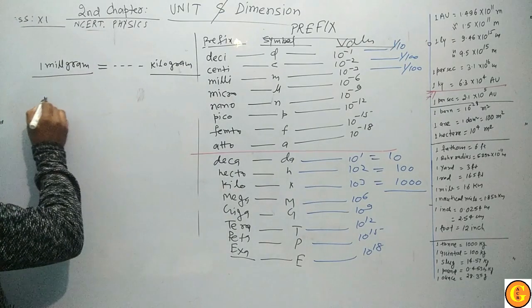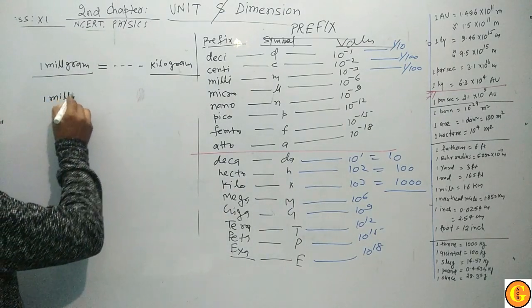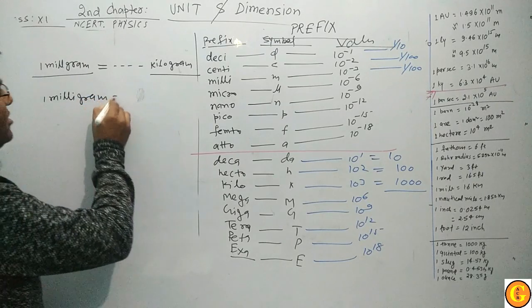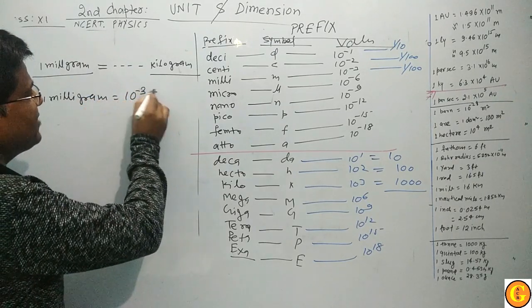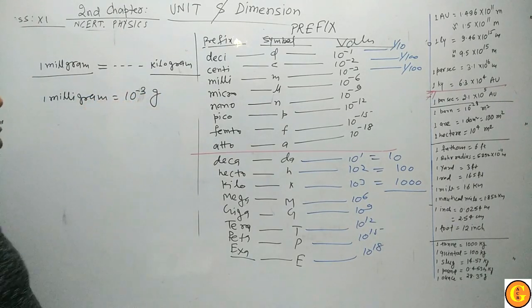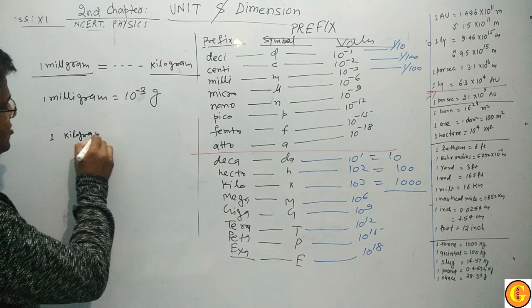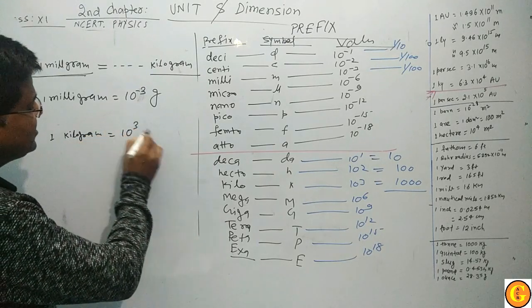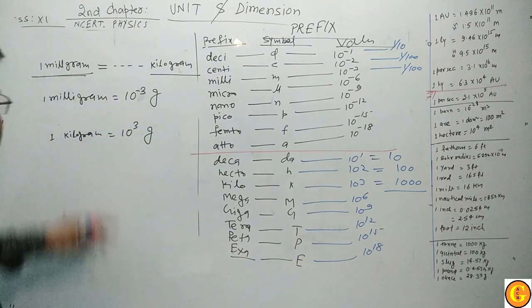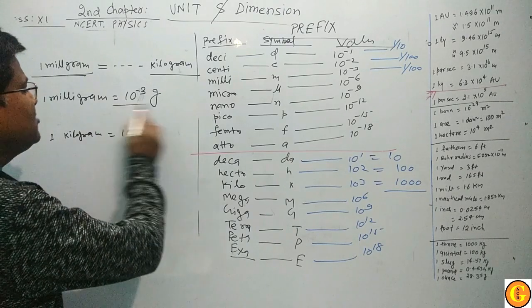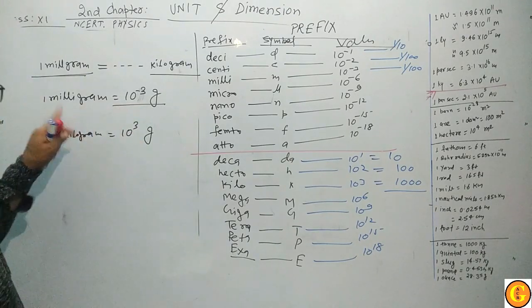As you know, 1 milligram is equal to 10 to the power minus 3 gram, and 1 kilogram is equal to 10 to the power 3 gram. The question is how many kilograms are in 1 milligram.